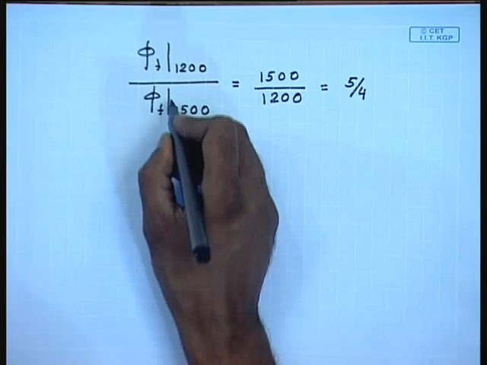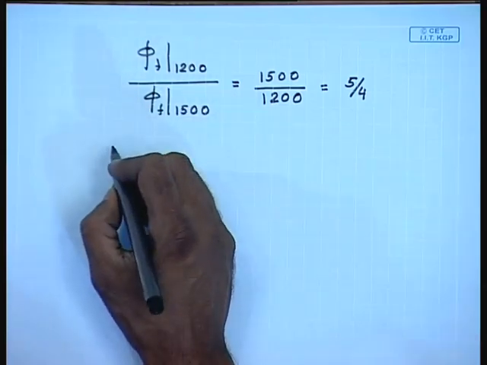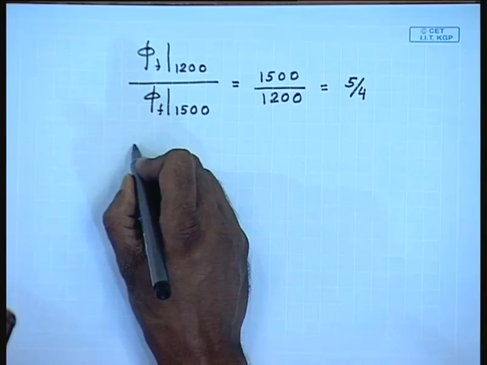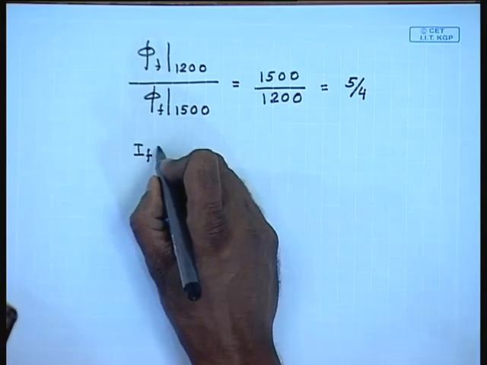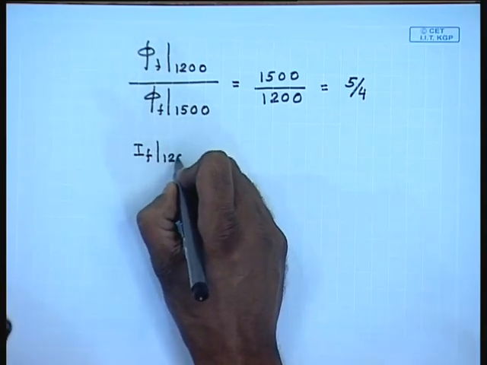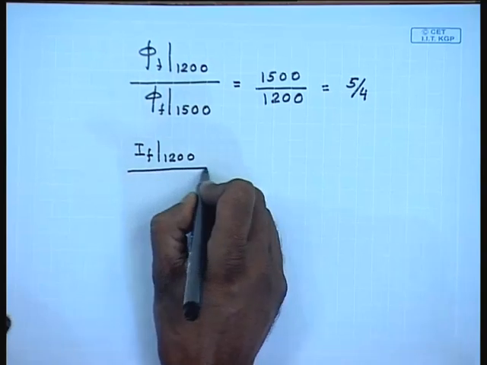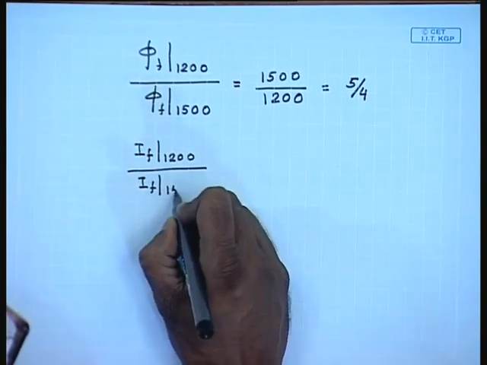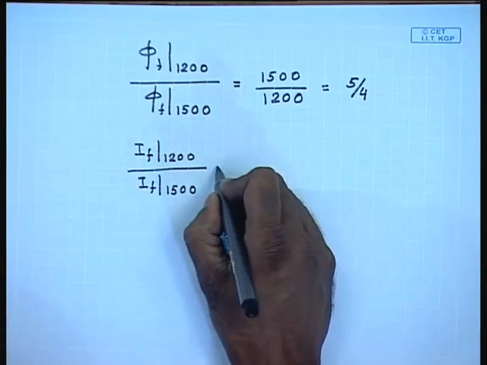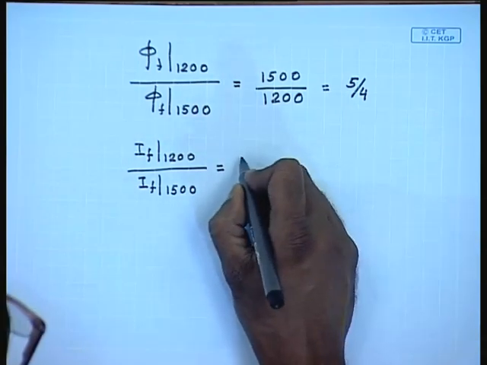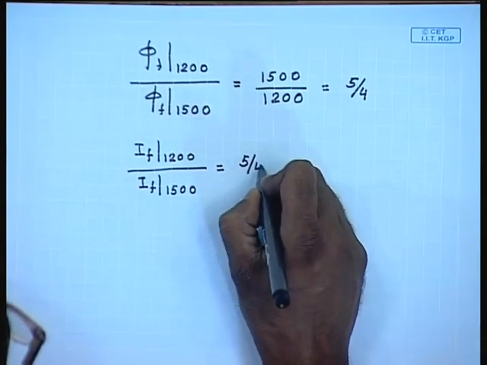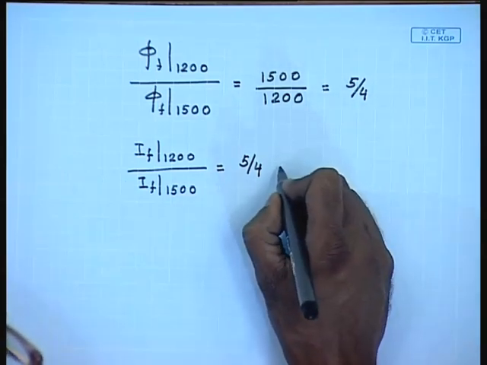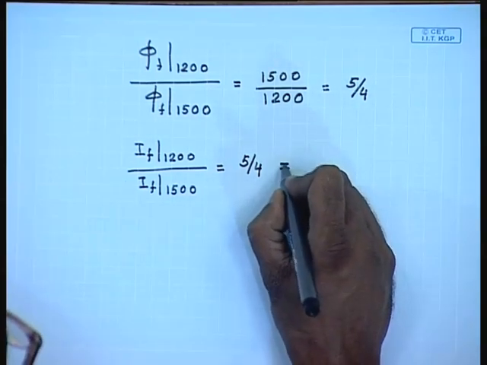But field flux is proportional to field current, assuming linear magnetic circuit. So, field current at 1200 rpm and field current at 1500 rpm, this should be equal to 5 by 4, but field currents are inversely proportional to the field resistance with constant supply voltage.